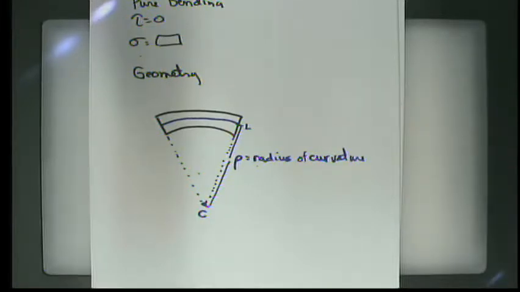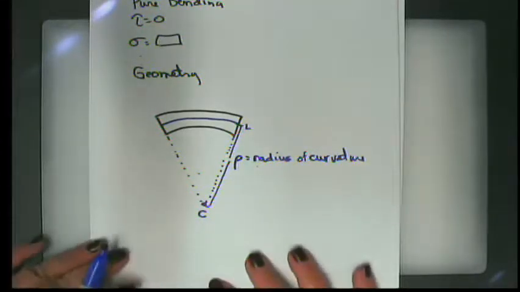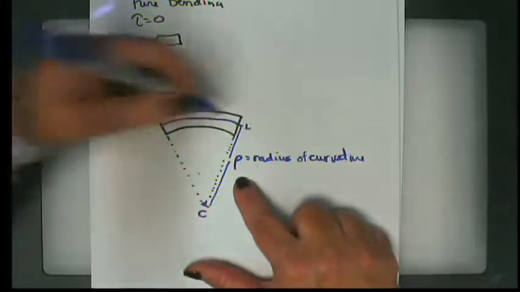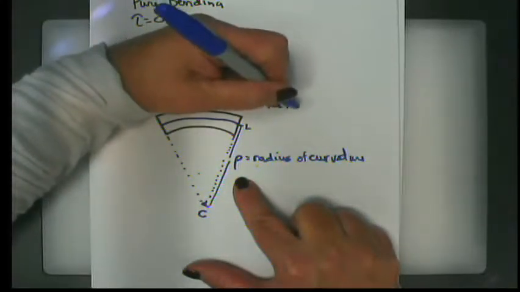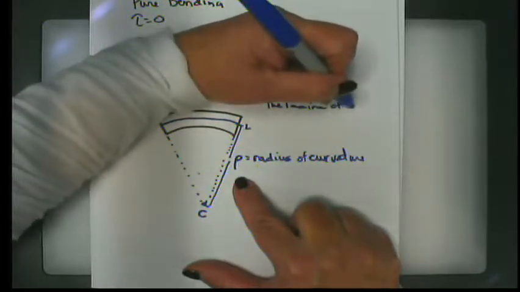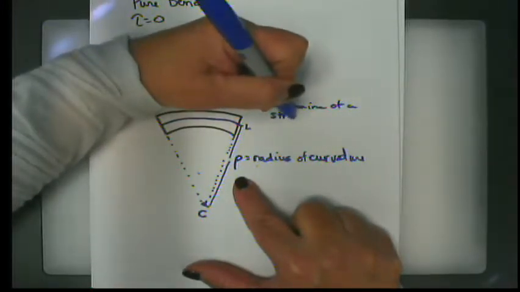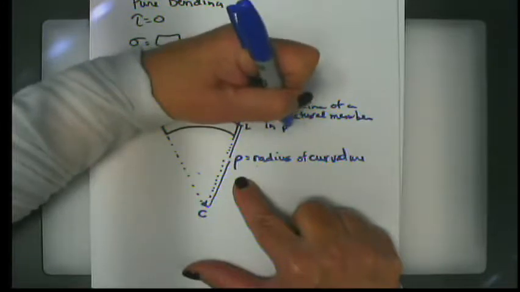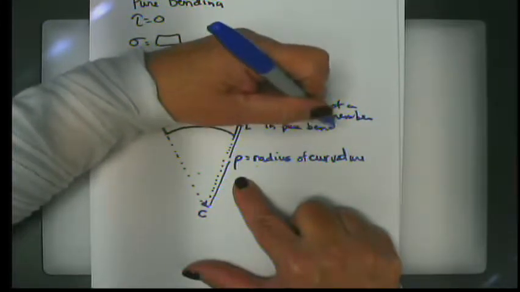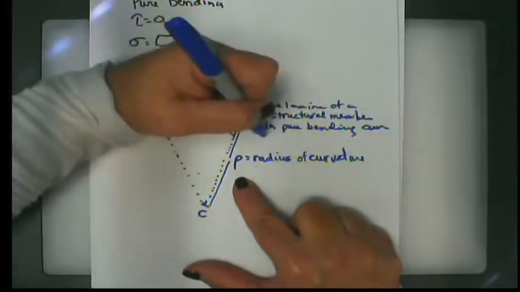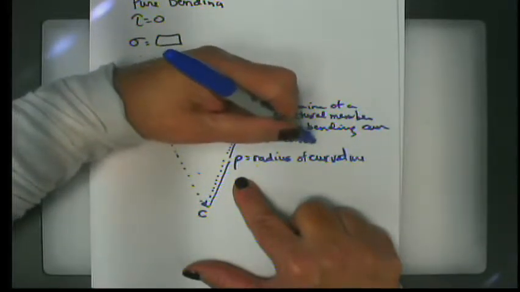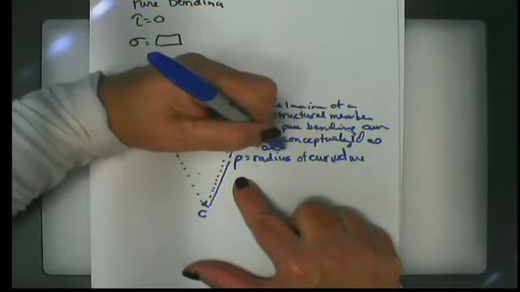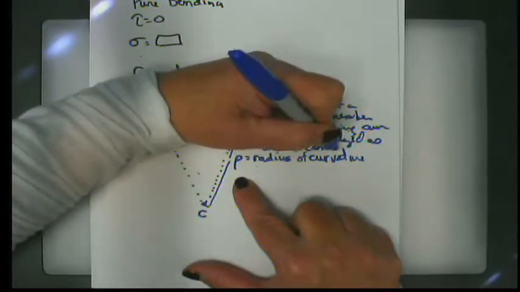So basically, as I had said before, the lamina of a structural member in pure bending can be conceptualized as arcs of concentric circles.